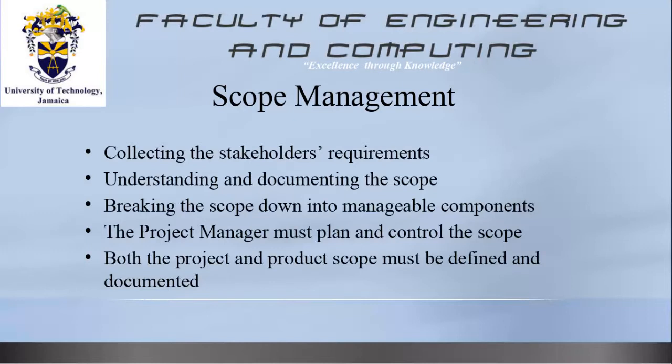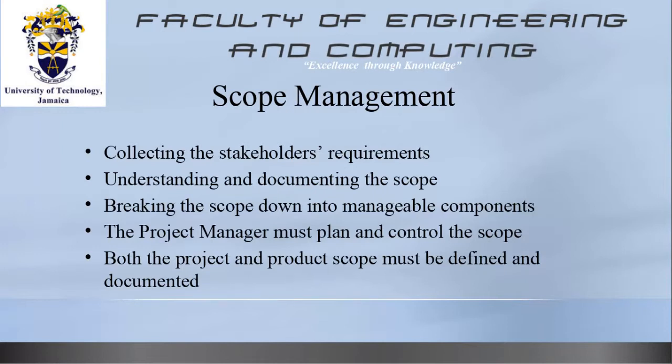It is also about breaking the scope down into manageable components, and we will show that today. We also indicated last week that the project manager must plan and control the scope. So there has to be an element of planning associated with this. So both the project and the product scope must be defined and documented.